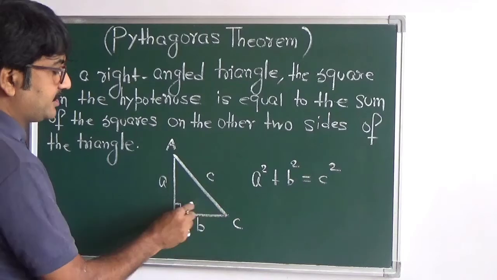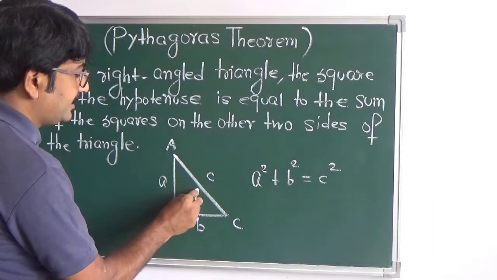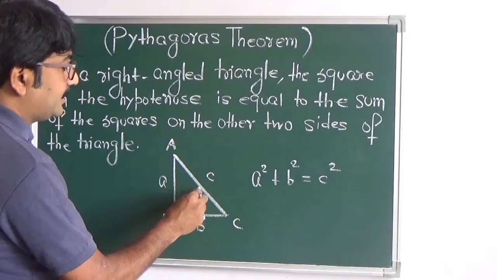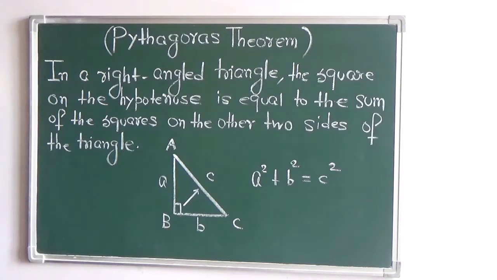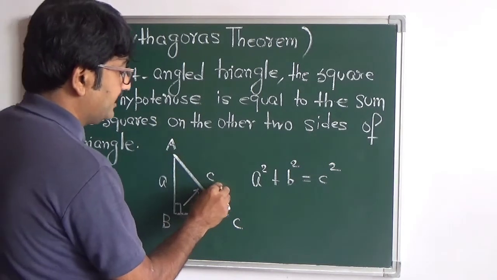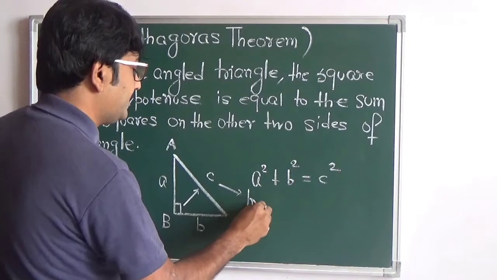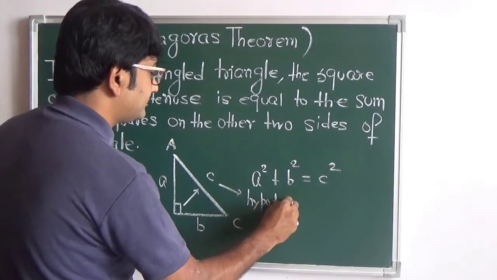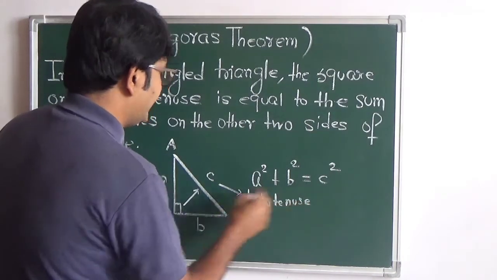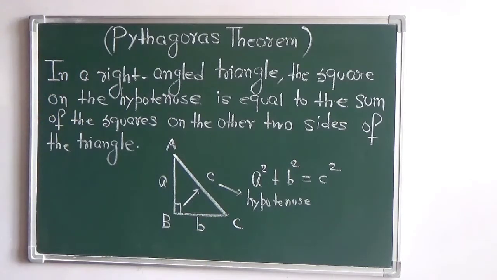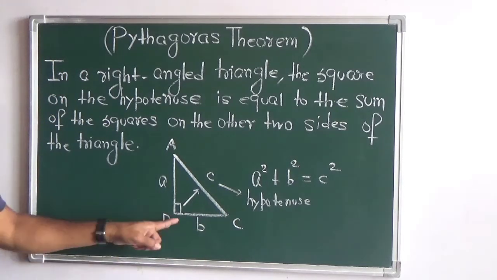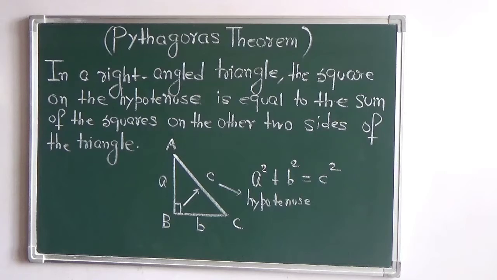AC is the side which is just opposite to this right angle, which is called the hypotenuse of the triangle, and which happens to be the longest side of this triangle. So hypotenuse is the longest side. This is the hypotenuse. And the other two sides AB and BC are perpendicular, and they contain the right angle of 90 degrees.